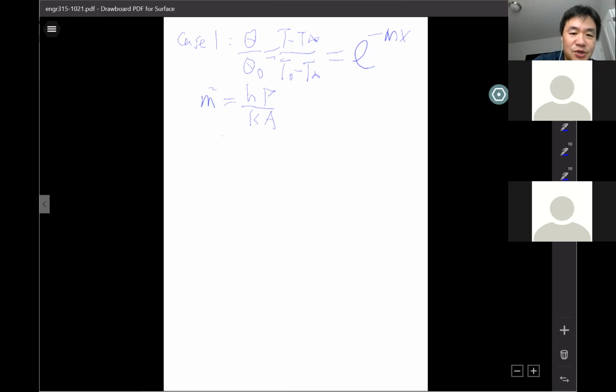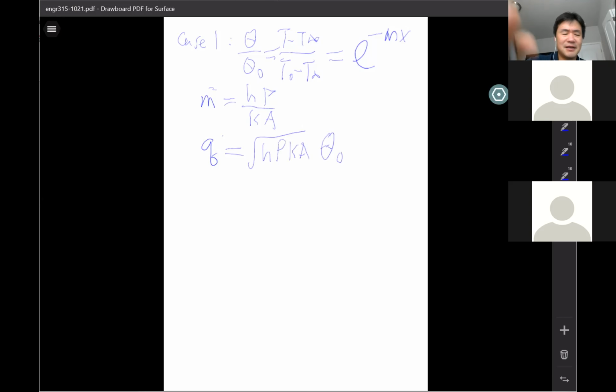So the total heat transfer rate Q for case 1 is equation 2.35: the square root of hPkA times theta 0. Theta 0 is the boundary condition, T0. That's the total heat loss for case 1, the temperature and the Q.